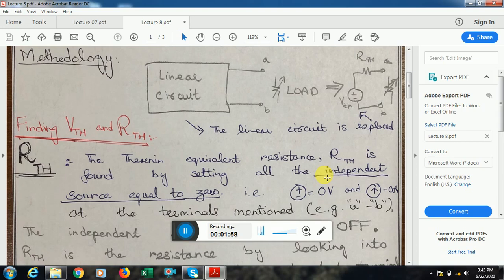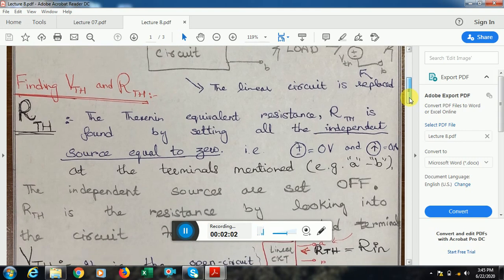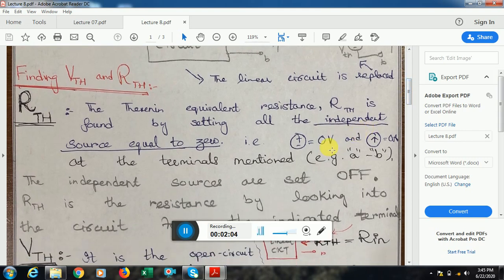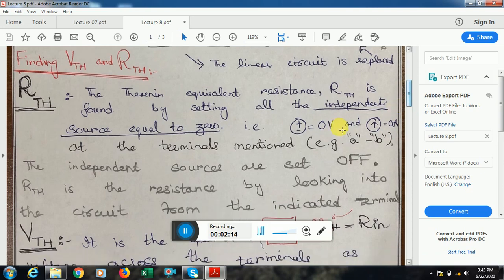That is, wherever we have a voltage source, we'll replace it by 0 volt, or a short circuit, and wherever we have a current source, we'll replace it with 0 ampere, and you know that 0 ampere means no current, and that means open circuit between the terminals A, B. The independent sources are off.